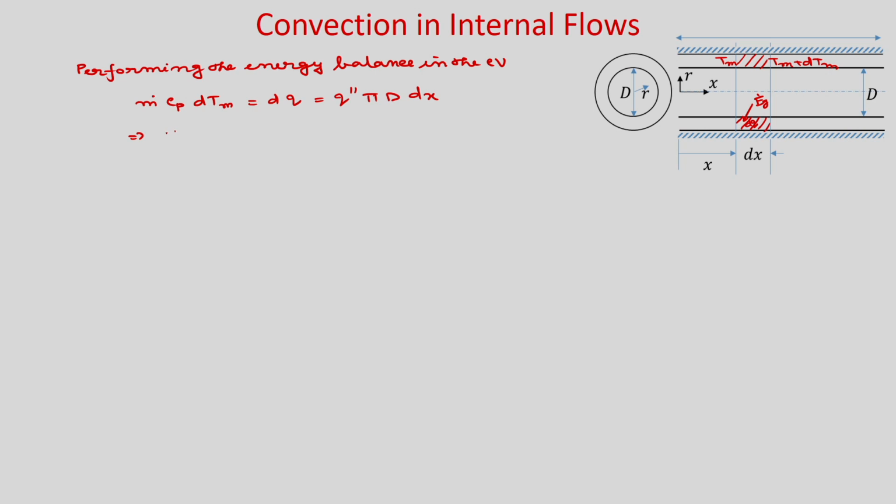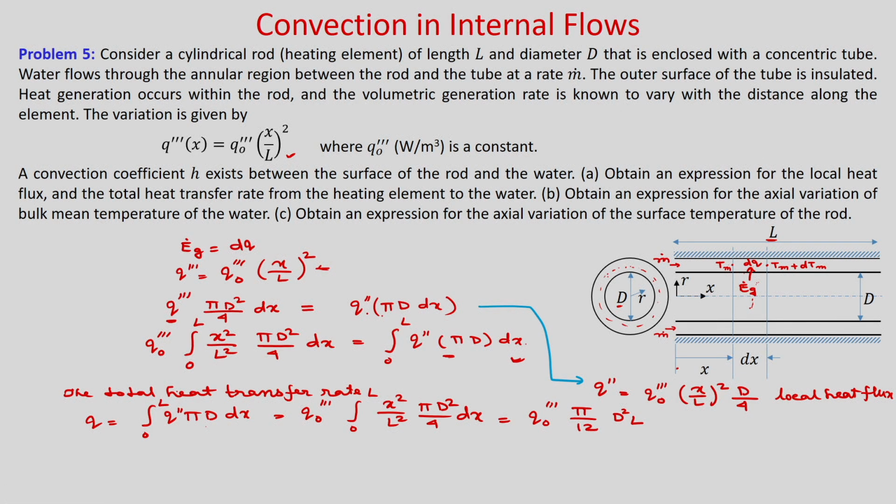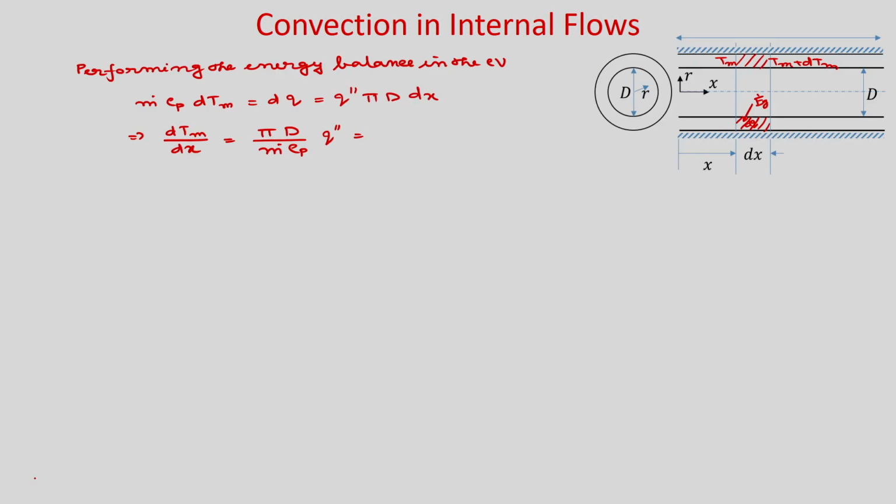So, you can write dTm by dx as pi d by m dot Cp into q double prime, and if you remember q double prime, you can write it as this divided by pi d into dx. If you write that expression, you will get pi d q naught triple prime x square d divided by 4 L square m dot Cp.